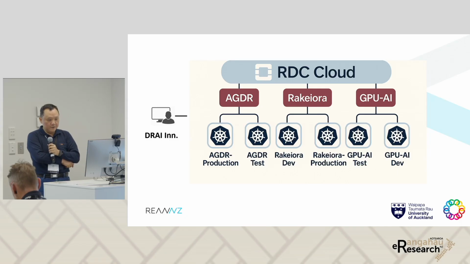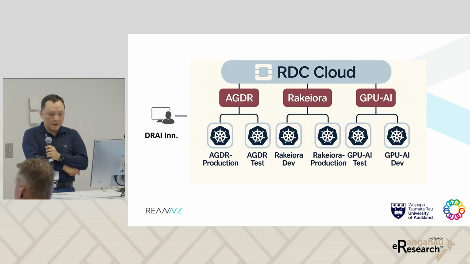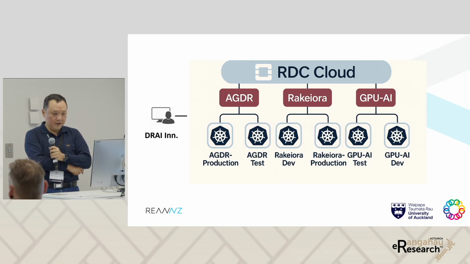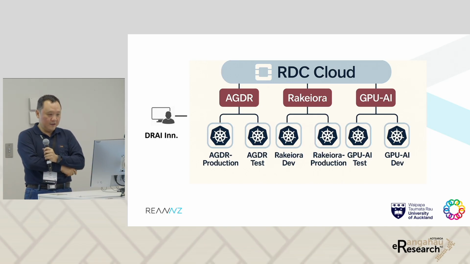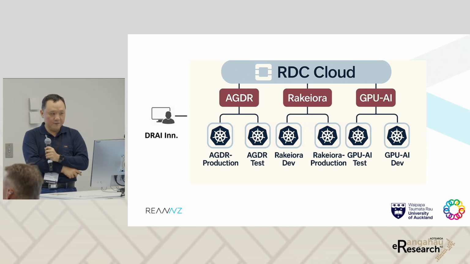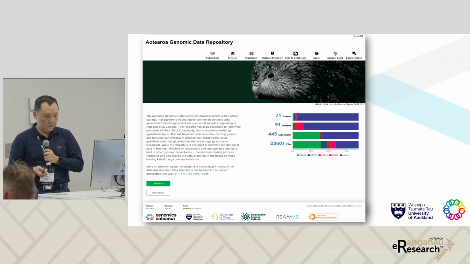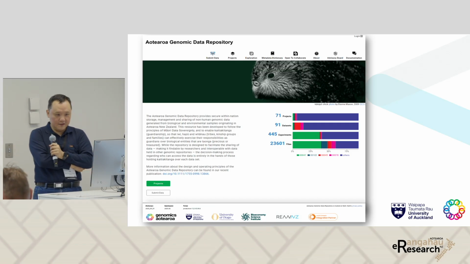Our team is currently running 3 projects in the RDC Cloud: the AGDR, REANNZ, and the GPU AI, across 6 OpenStack projects and 6 Kubernetes clusters for different environments. The AGDR, I think we heard about yesterday.